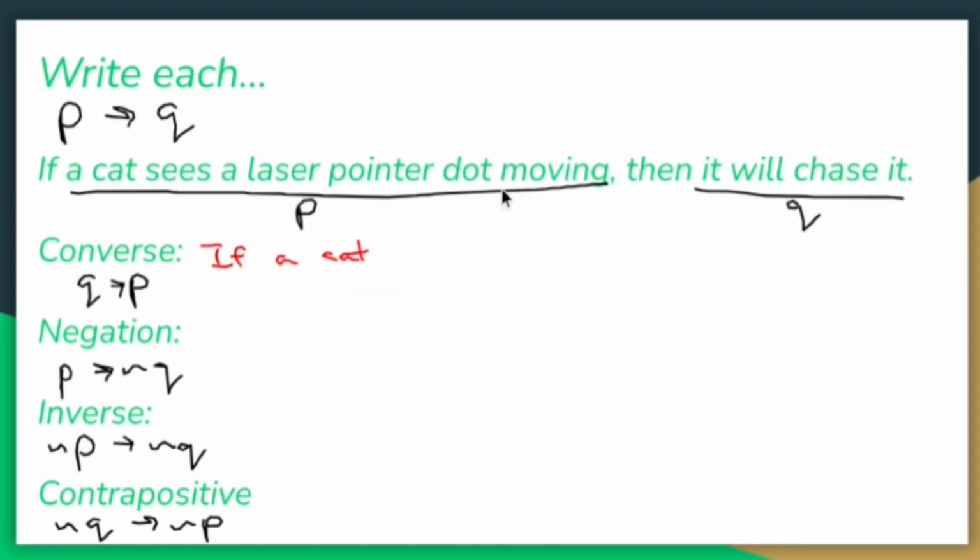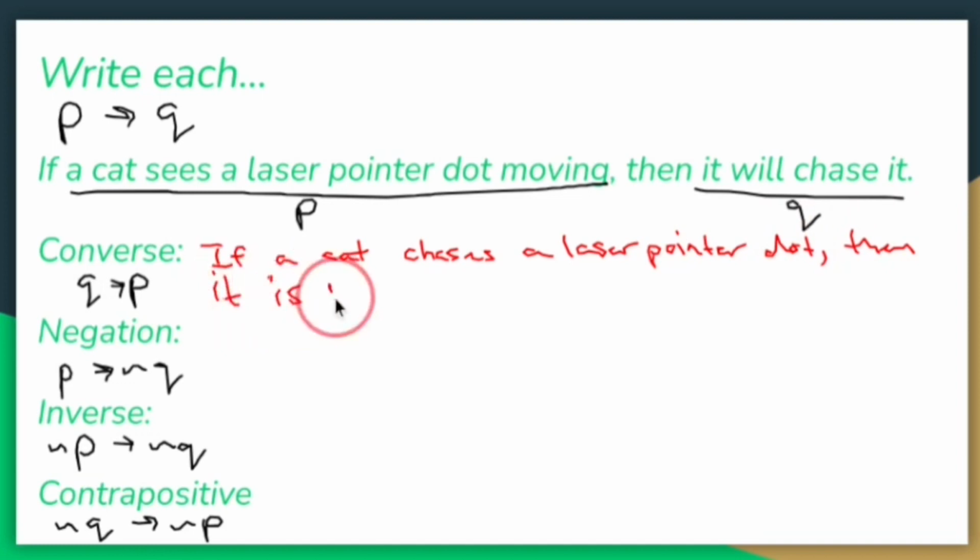If a cat chases a laser pointer dot, then it is moving.